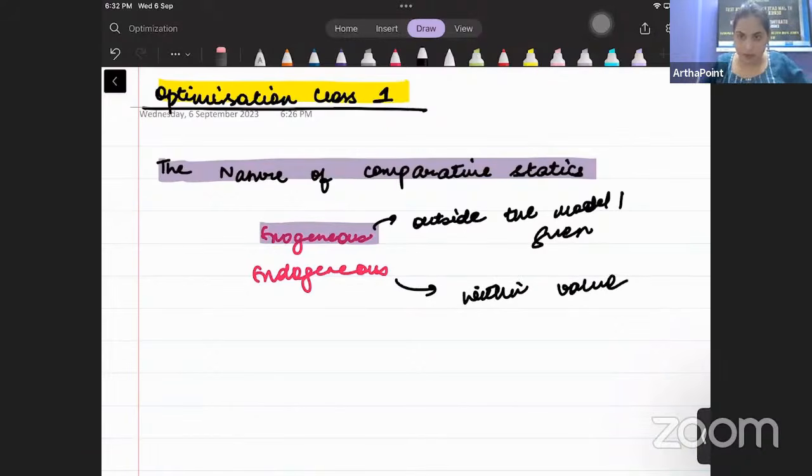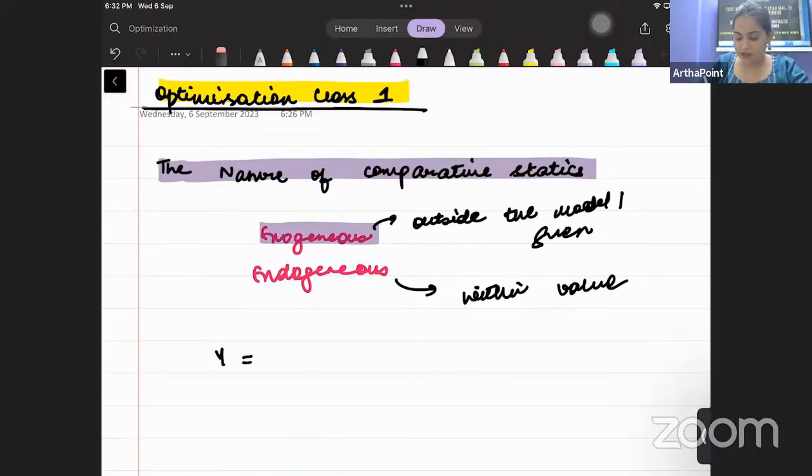Just for example, I'm not sure if you have ever heard of Phillips curve. अभी तक Phillips curve तो हमने नहीं किया होगा. Let's say I have the equation of the GDP.